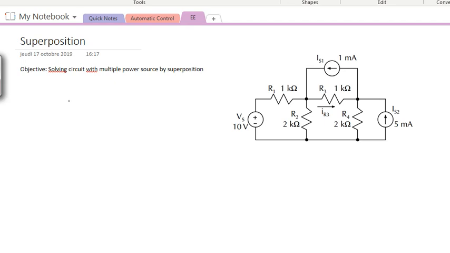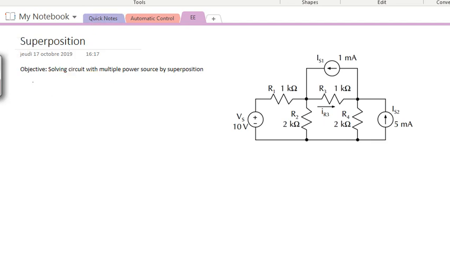Okay, so now let's look directly into the method. How do we apply this superposition method to solve a circuit analysis? So the method is, like I said before, there will be at the end a final solution.